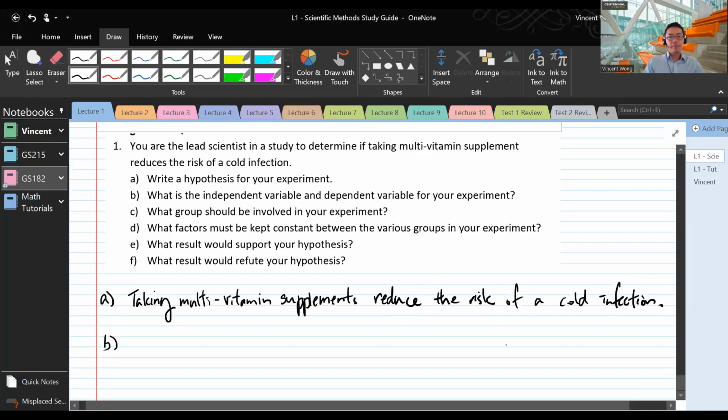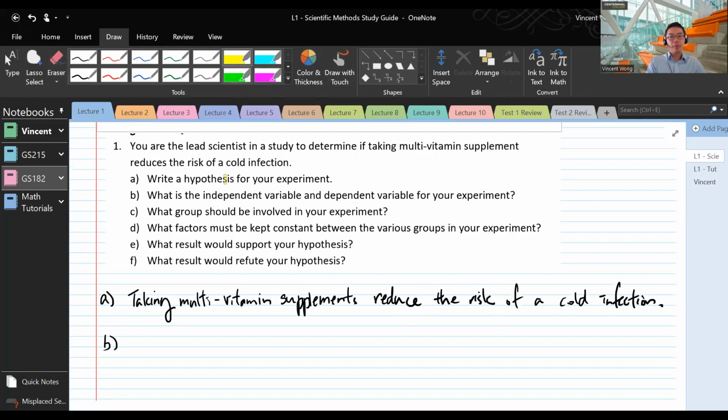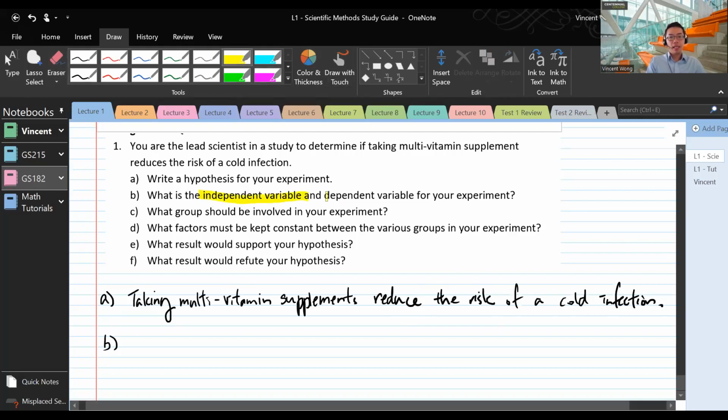So part B. What is the independent variable and dependent variable? Okay, please let me know. Anyone? What's the independent variable in this experiment?